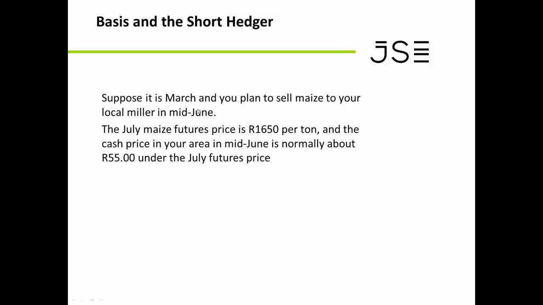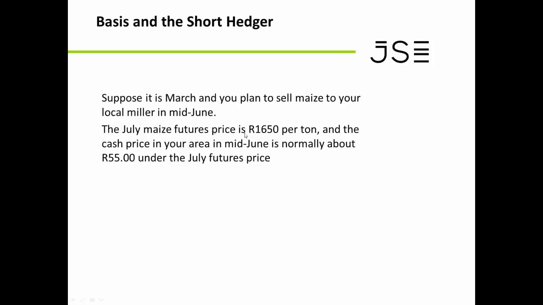Now, this is an old slide that I used earlier, so please bear with me with the months, and the prices may be slightly away from the current prices as we know them today. But suppose it is March and you plan to sell your maize as a short hedger to your local miller by June. So it's March, and only 3-4 months down the road you want to deliver your maize.